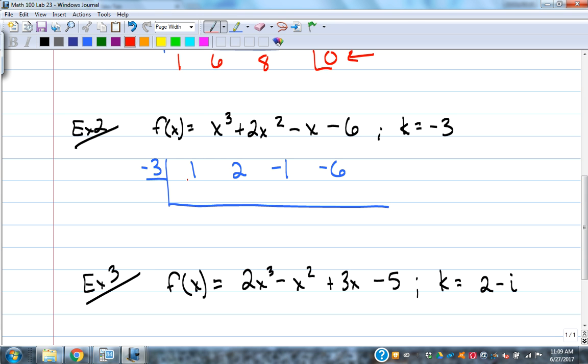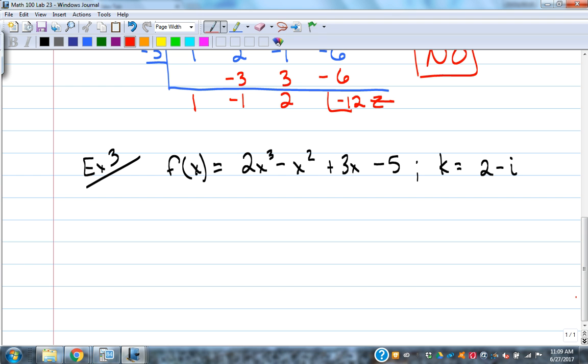Run your synthetic division. Drop the 1 down, multiply, add. And notice the 0 is not what the remainder is. So that right there tells us that the answer to this would be no, that negative 3 is not a 0 for that polynomial.